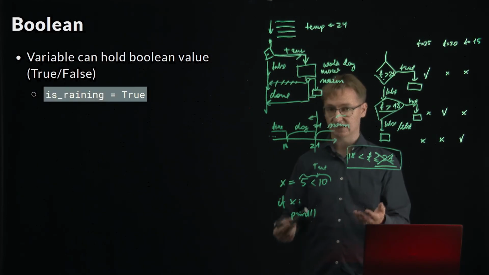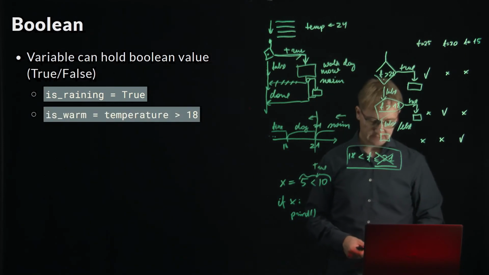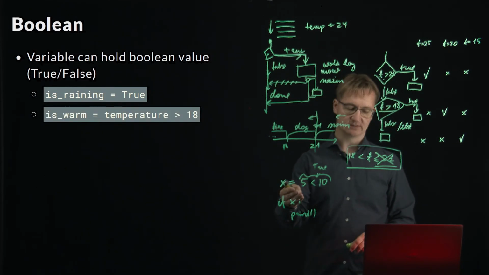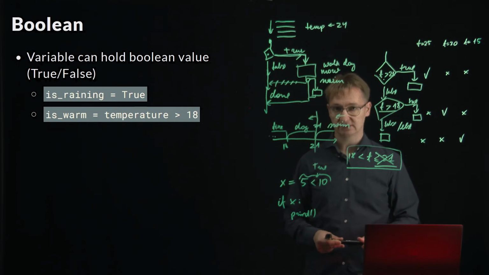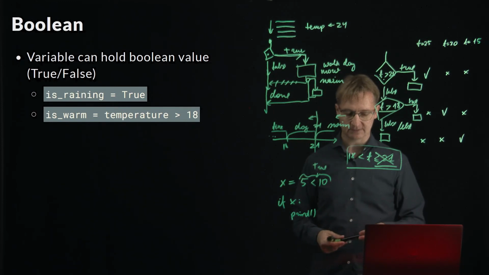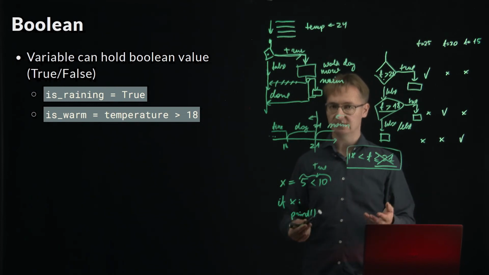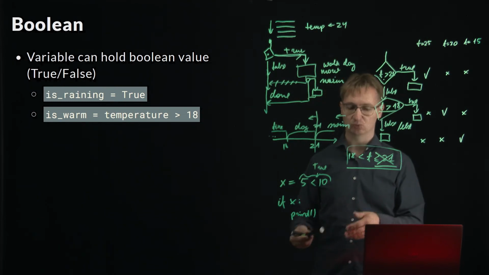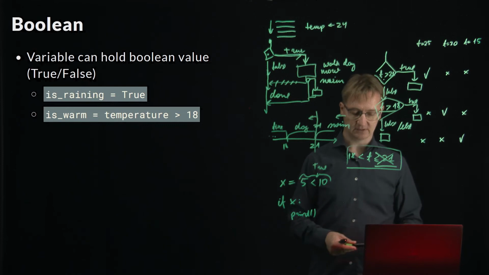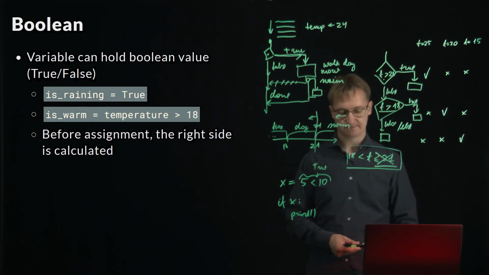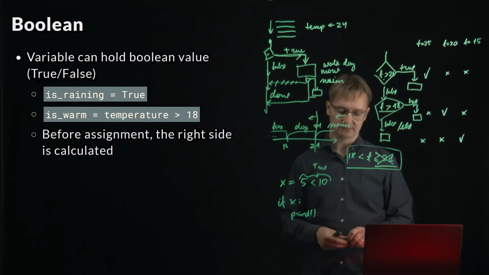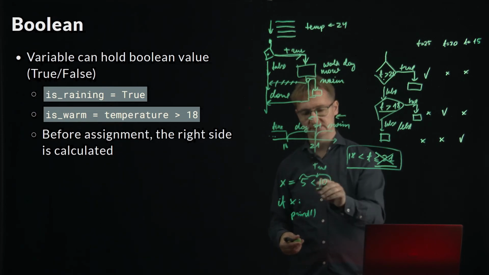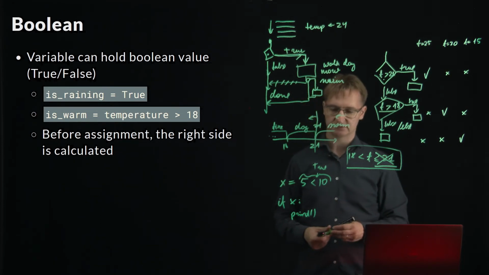So for example, is_raining is True. I can also write a variable is_warm, and this is a conditional kind of variable. And if the temperature is above 18, I can say that is_warm is True. If the temperature is 18 or lower, then this value for is_warm becomes False. So before the assignment, the right side is calculated, like any other assignment.